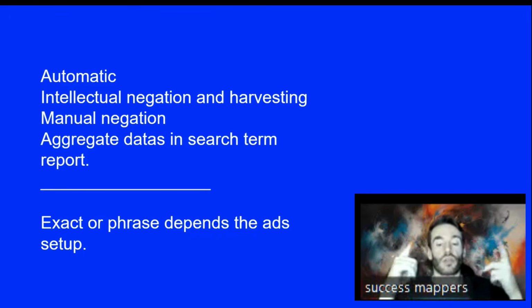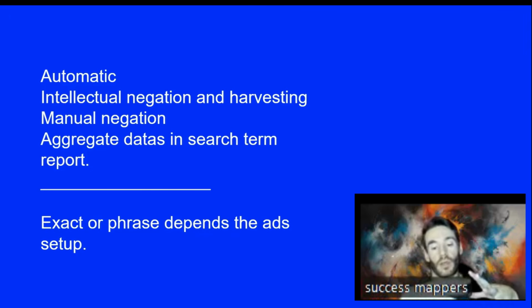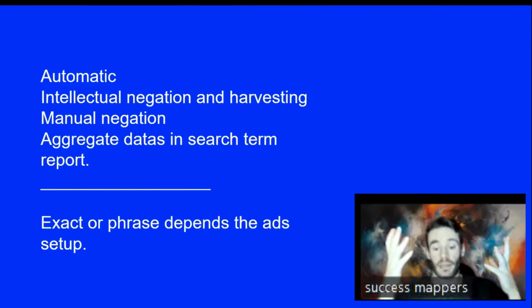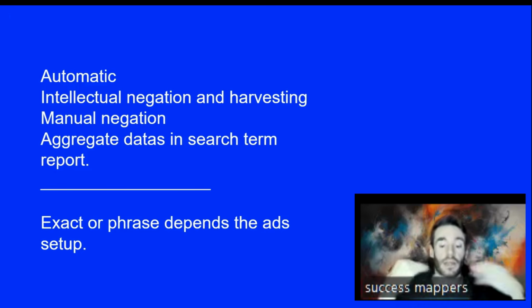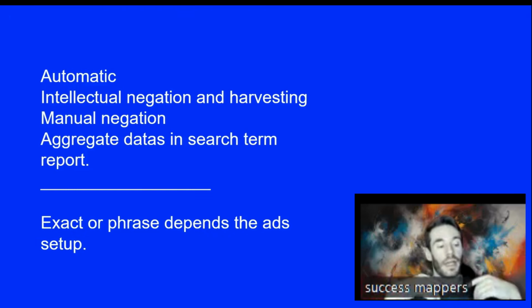Usually we do manual negation because before negating, we want to see the search term. If the search term makes sense to be negated, so that's another solution. Sometimes you do it manually, intellectually, not with the automation, so that you can check the intent, the search term. We usually aggregate the data as I explained to you, and there is the report. Search term report. Doing it exact phrase depends on the ad setup.